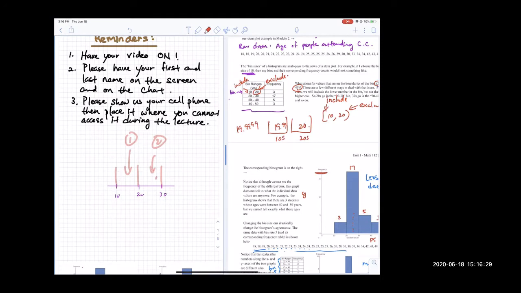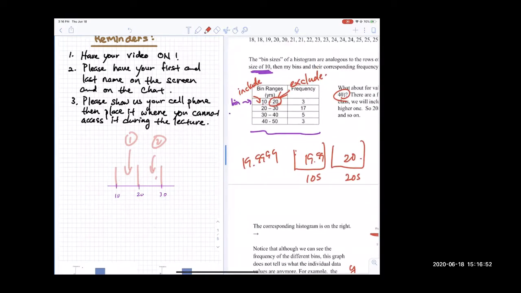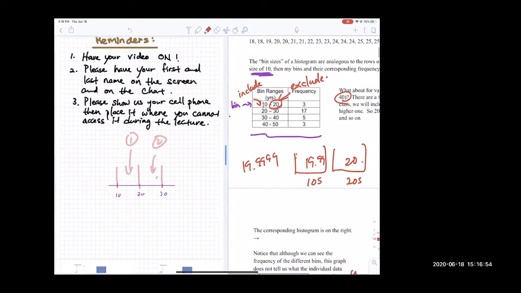This should be a universal language. A statistician in the United States and a statistician in Australia or anywhere else in the world, when they read this problem, should know exactly which bin it goes into. So there's a universal rule that when you have a range like this with a repetition, you include the first number but do not include the second number.